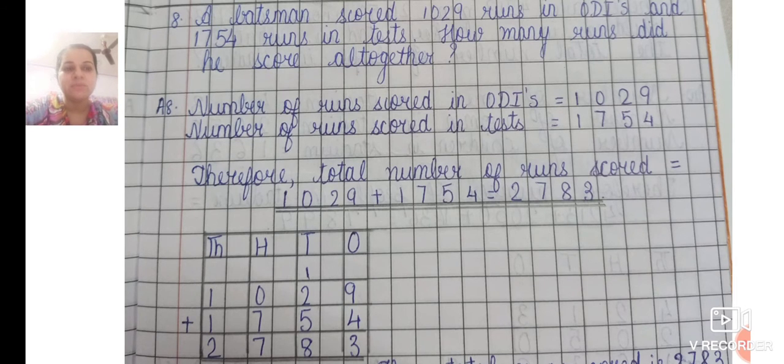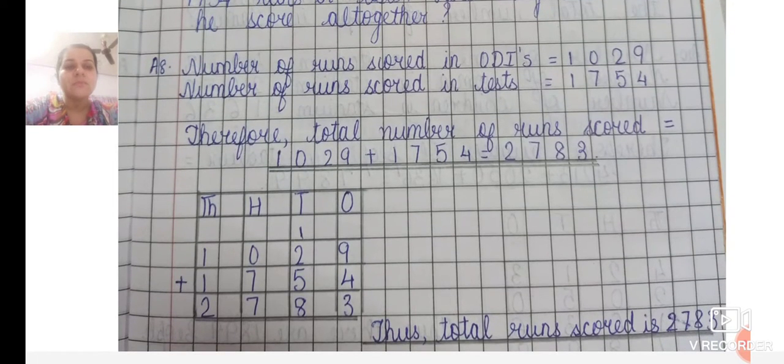What is the total number? You will arrange the numbers in the correct columns and you will add. When you add the two numbers, you get the total 2783. So thus total runs scored is 2783.